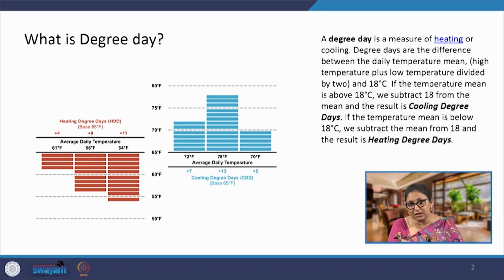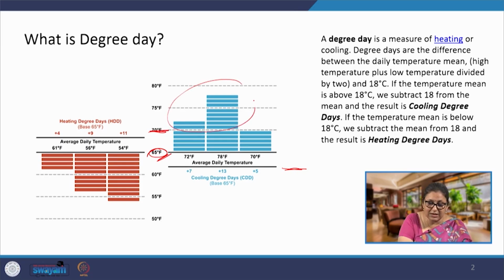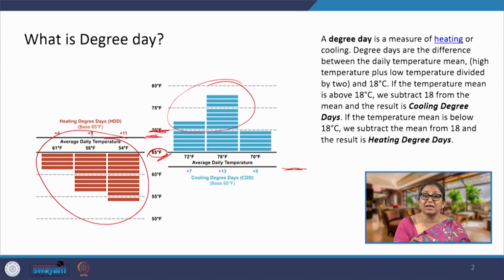Now, why is it relevant? We would know how much heating and cooling is to be done; the standard remains the same. If we increase or decrease the standard temperature, it is the same temperature. Here we have taken 65 degrees Fahrenheit; this particular image is for the United States of America. If we increase it, we will get fewer cooling degree days, and automatically we will get more heating degree days.